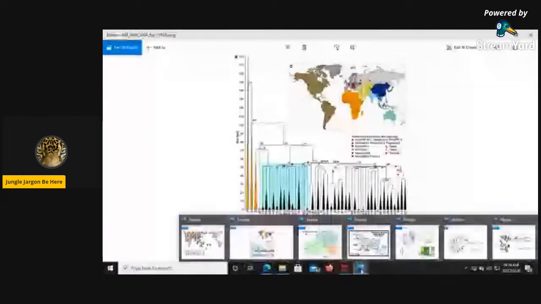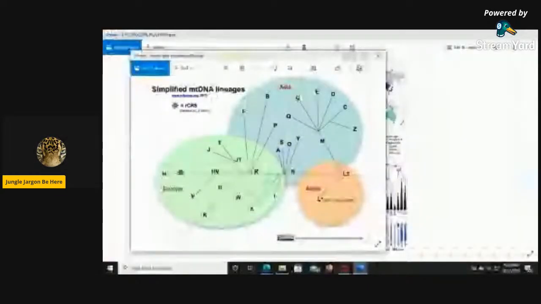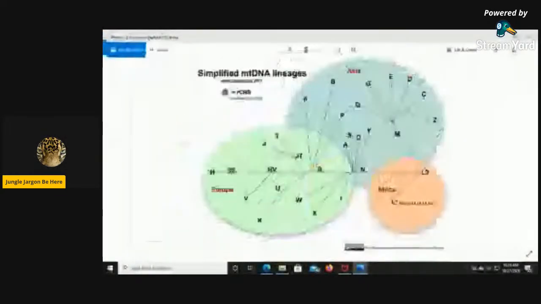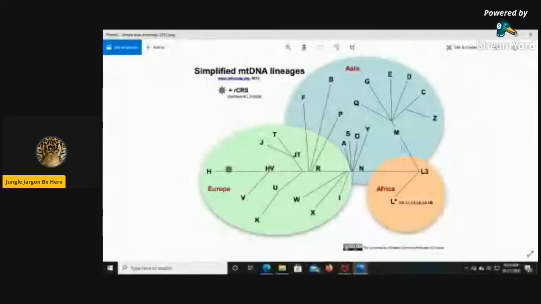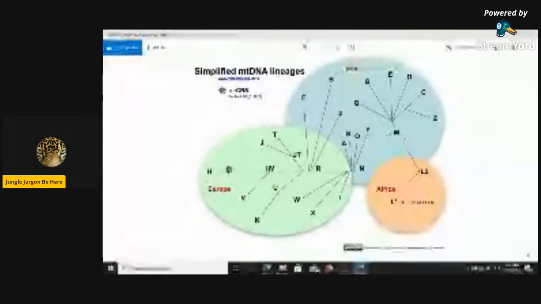Now, in this other one, they try to show the M's, which are the Japhetic female, coming from the Africans first, and then the N's coming from the Africans here, but the N's are the Semitics.